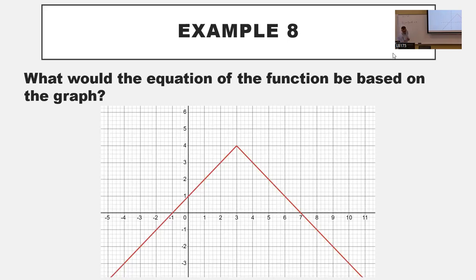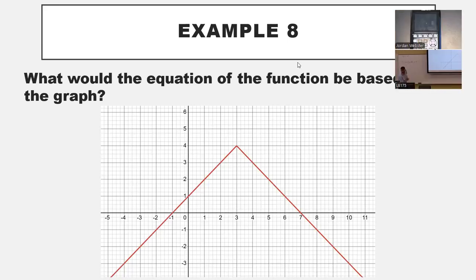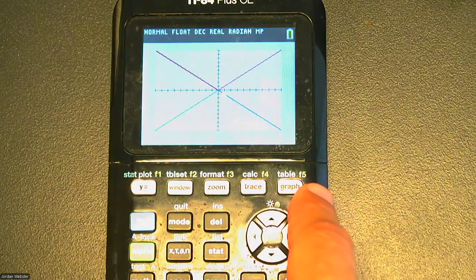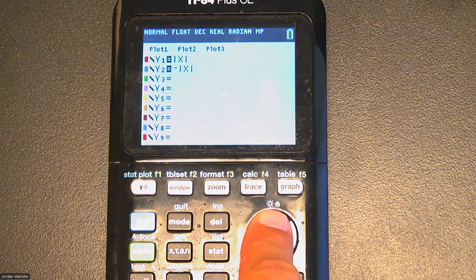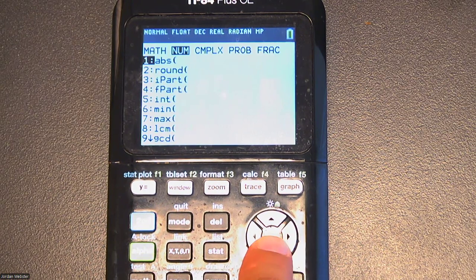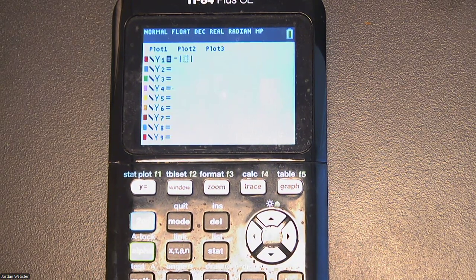You can always confirm that by graphing. You can hit y equals, let's clear that one out. Clear that one out too. Just use your calculator.